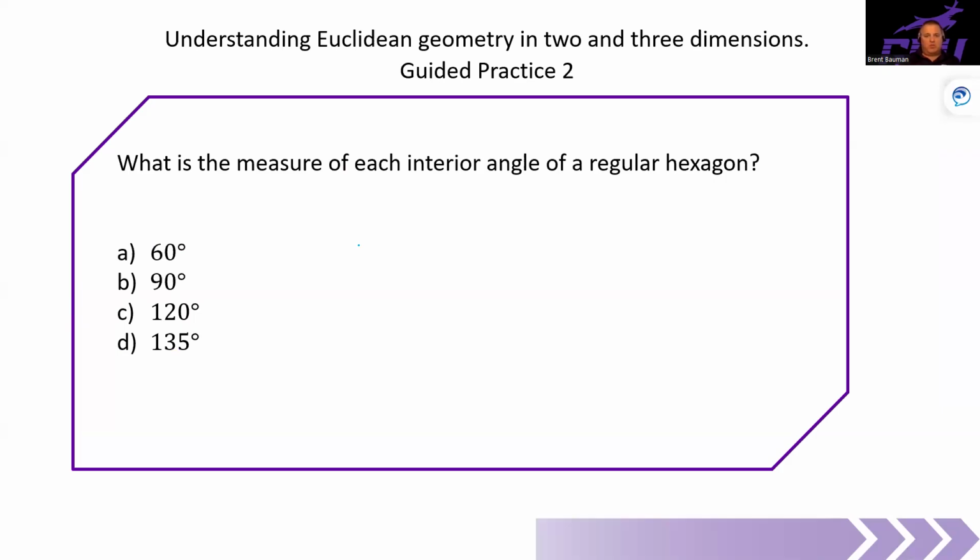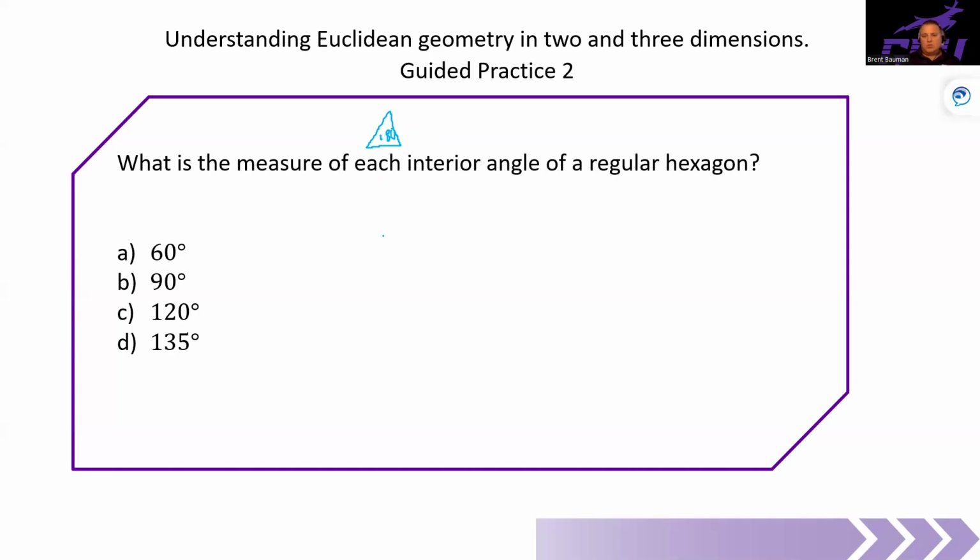So I looked at the reference sheet to see if there was anything there for you. There wasn't. So this is something that we're going to have to think about and try to remember. So common knowledge, I guess, would be that a triangle has a sum of 180 degrees. That's one that we're familiar with.